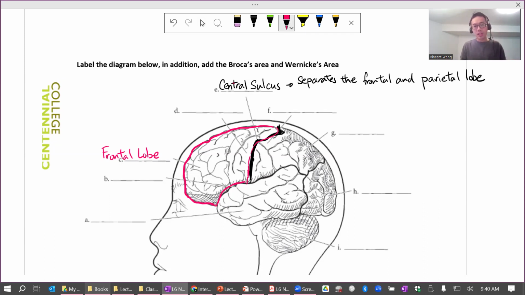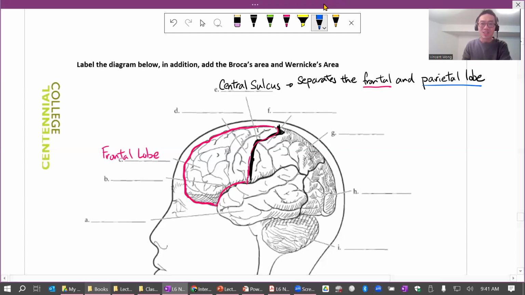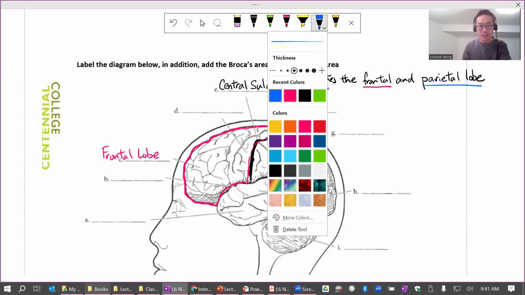So the central sulcus separates the frontal lobe and the parietal lobe. The parietal lobe is like this: if you do your hand like this and say, I can't believe it, then you are touching the parietal lobe. I forgot again, that's frontal lobe. I can't believe it, that's parietal lobe. It sounds silly, but it can be quite helpful for some people.